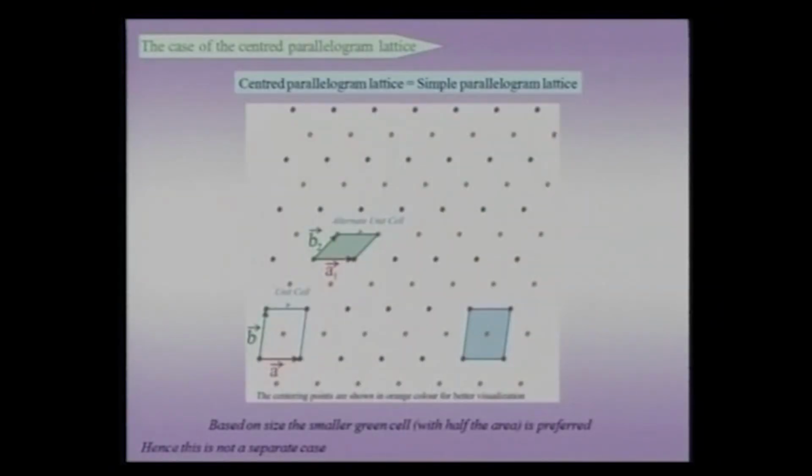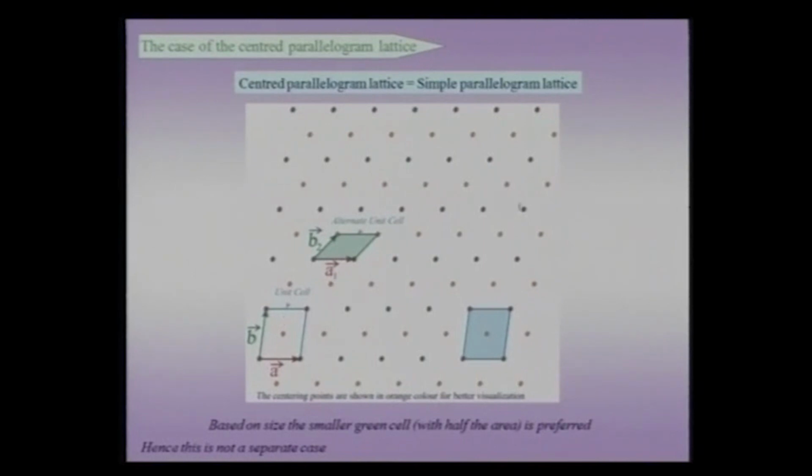Now as before, we will color the centering point in a different way, and in this case we are going to give it an orange color, while the original lattice points are in this maroon or brown color. The original lattice was generated by these two basis vectors A and B, and now the centering point is this orange.